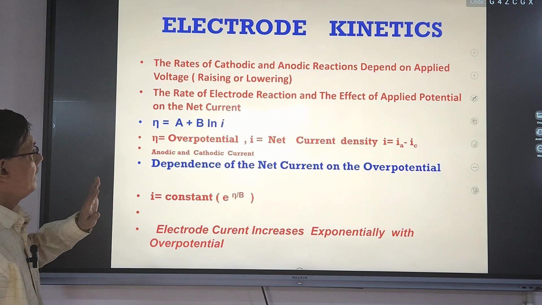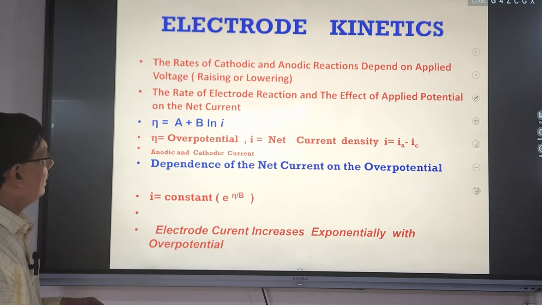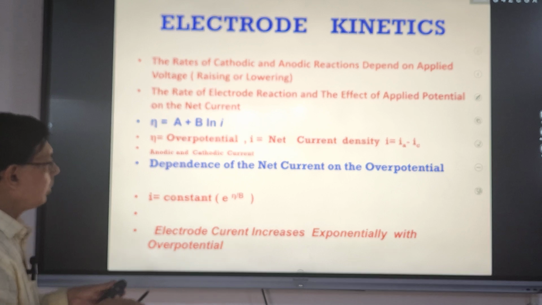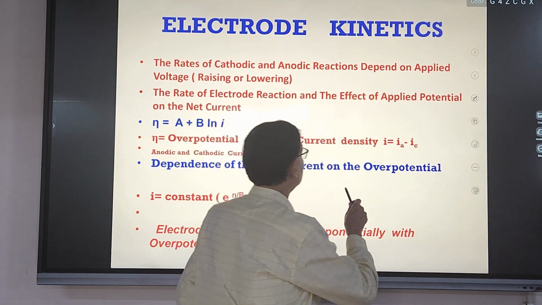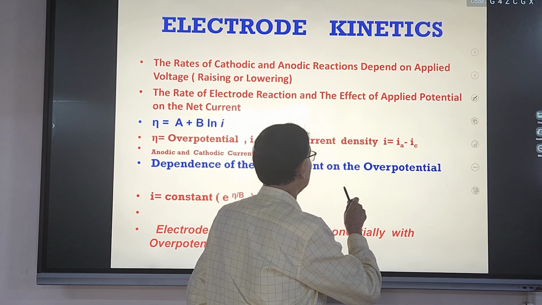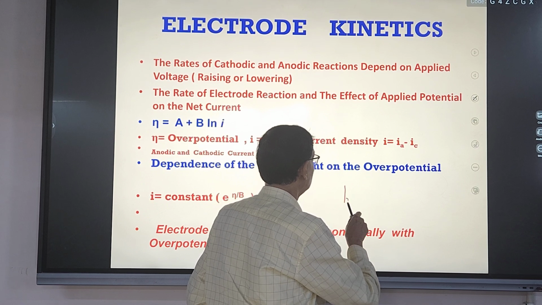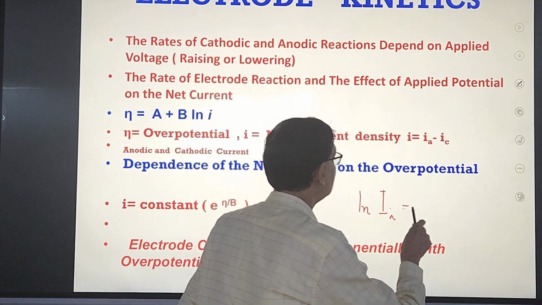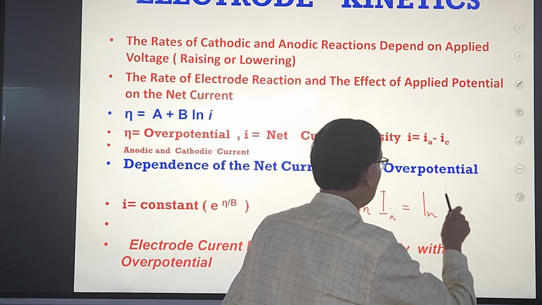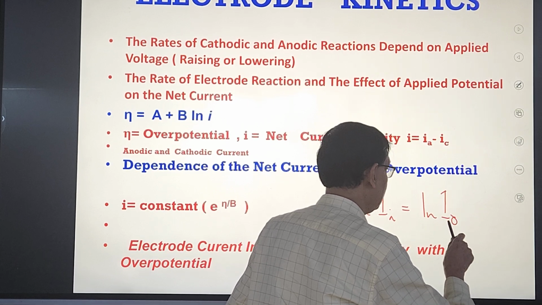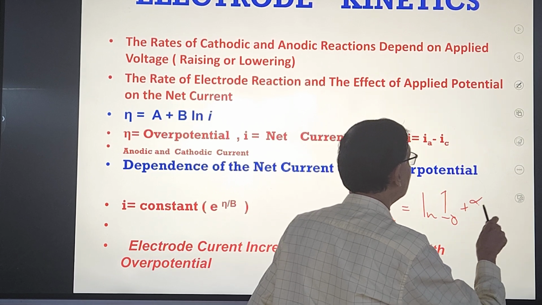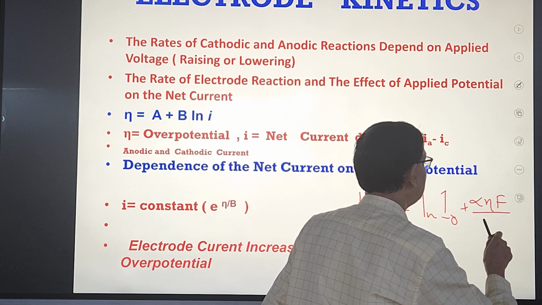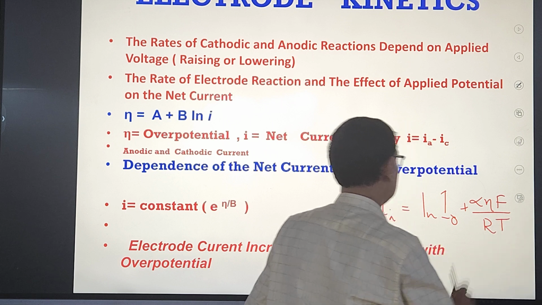So just in my first part I have shown you the relationship of the Tafel plot, and I have given the equation like that: natural log of I is equal to natural log of I0 plus, in one form, alpha, 1 minus alpha, F and R, isn't it?